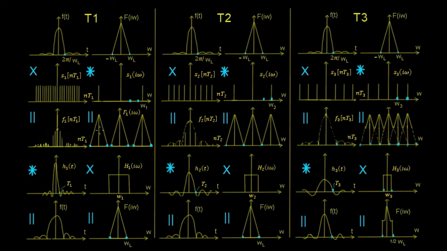So that's us looked at the first 3 rows here. Let's look at the last 2 rows. What we're going to do in these 2 rows is reconstruct our function.